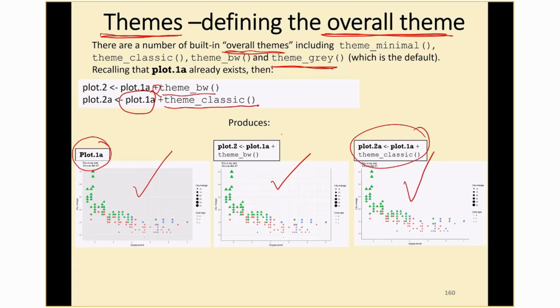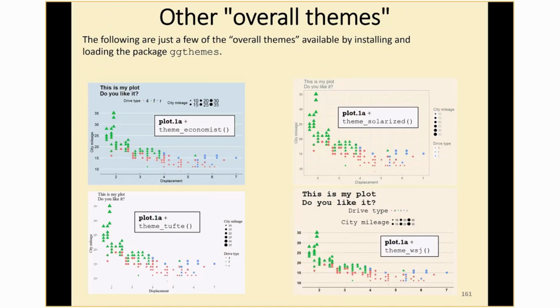And so we're going to start working around in these next few slides with this plot 2. There are, however, some additional overall themes that you can use, and you can see in every case they're added with a plus sign. And these particular themes are available if you download the package ggthemes. And here I added the theme Economist, theme Solarized, theme Tufte, and theme Wall Street Journal.